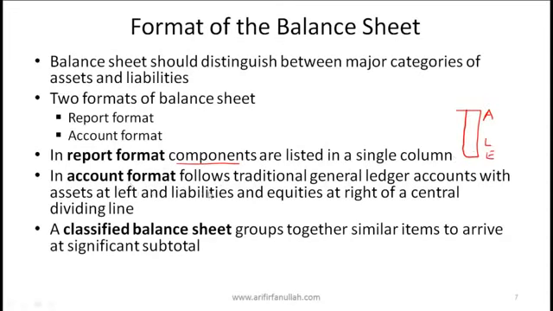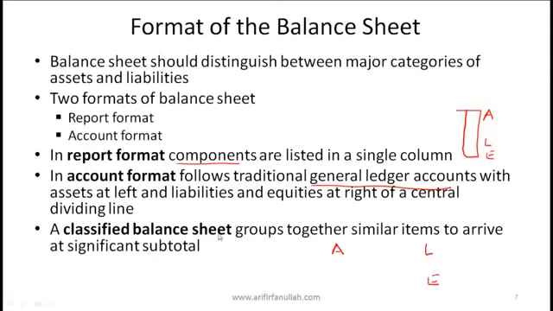In an account format, this is more traditional. We basically follow general ledger accounts with assets on the left and liabilities and equity at the right of a central dividing line. So many of us have seen this: assets on the left, liabilities and equity on the right.